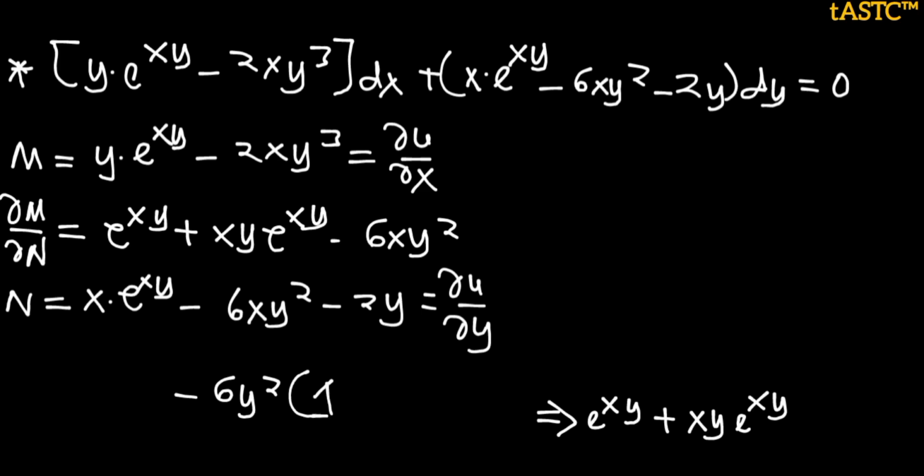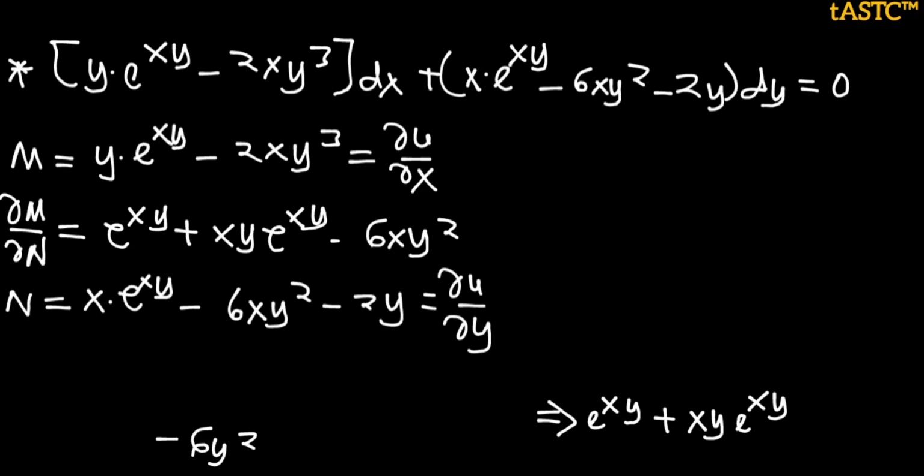That is basically going to be 1. Now for this one, we need to differentiate this with respect to x. Now obviously there is no x here, so that will be 0. So in this case, this will be minus 6y squared. And so that will be basically it. Right? Okay.